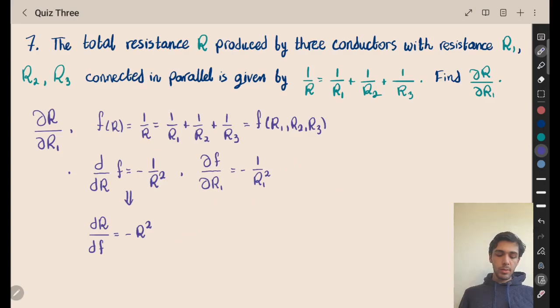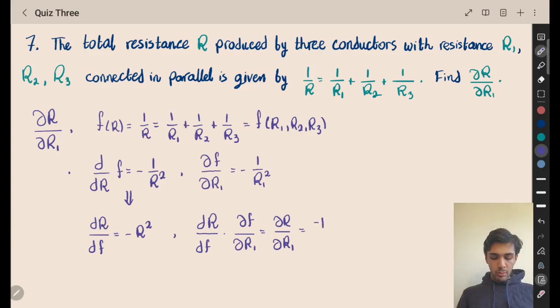Now that we have this, I claim that dr by df times partial f divided by partial r1 gives us partial r times partial r1, which is going to be equal to minus r squared times minus 1 over r1 squared.